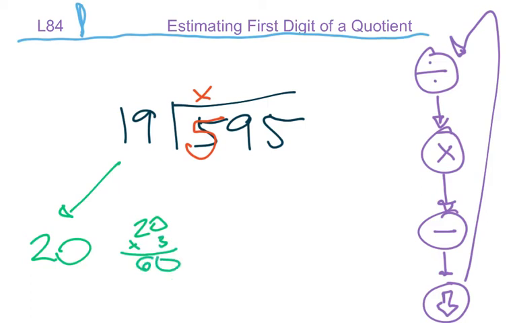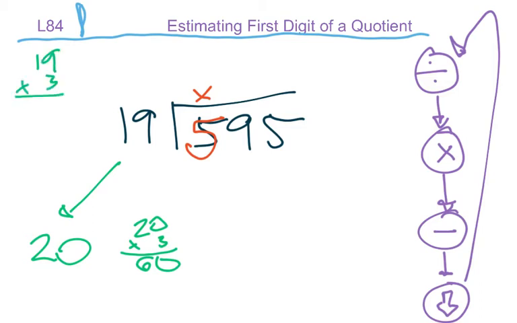Now, remember what we saw last time. That might make me think, then that's going to be too much. Yeah, but we're not talking about 20. We're actually talking about 19. So 19 times 3 might still fit. And I don't want to jump to the conclusion, well, it must be 2 then, because 20 times 3 is too much. It's probably worth my try, because those are pretty close, to try out that 19 times 3 and see what I get.